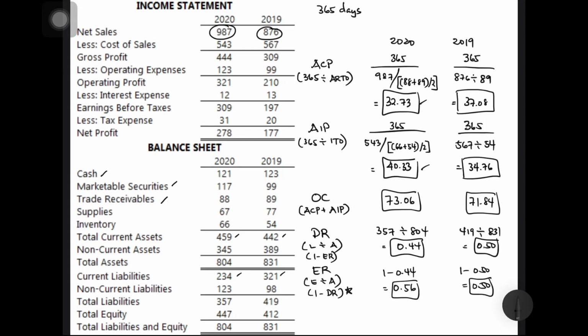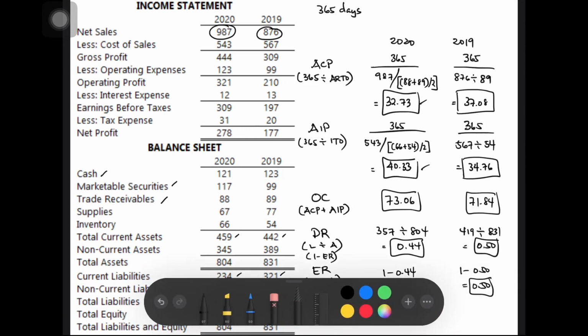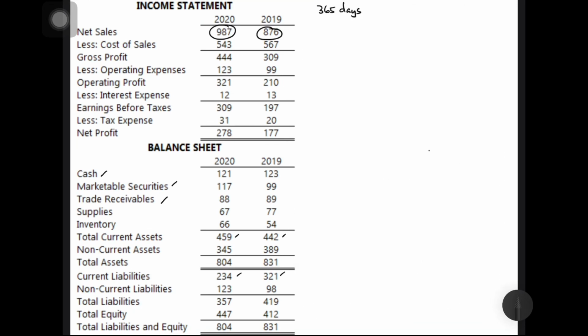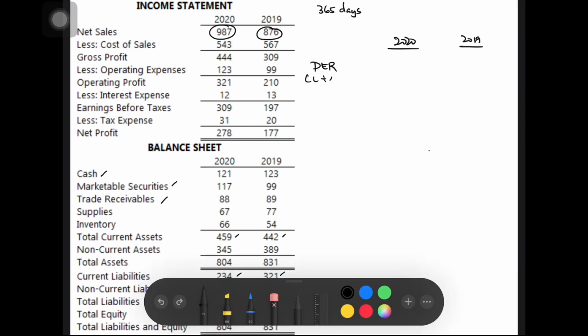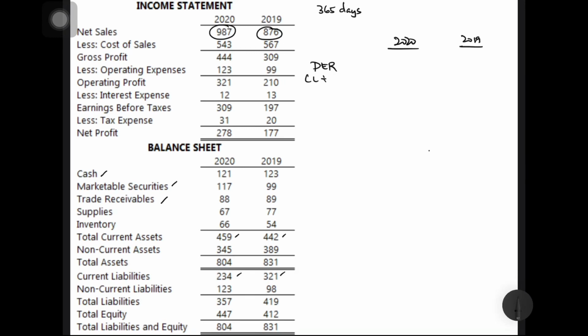Now let's proceed. Let me just erase. Let's have the debt to equity ratio, 2020, 2019. The formula for this one is liability over equity. So let's have our liability, it's 357 divided by your equity, 447.